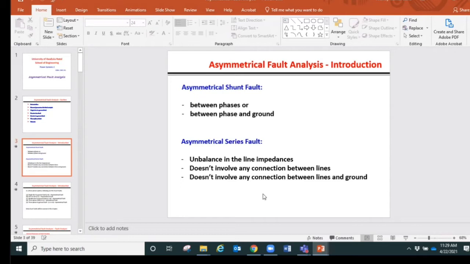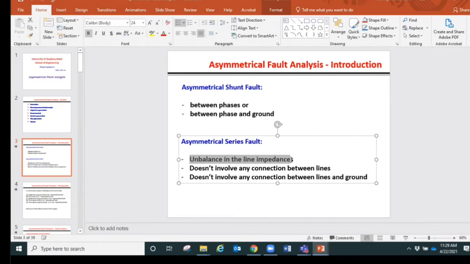For asymmetrical series fault, we can generalize it in a sentence: unbalance in the line impedance. That unbalance can come from real unbalance in terms of impedance. It can come from a broken line, because if the line or the phase is broken, its impedance is going to be infinity.